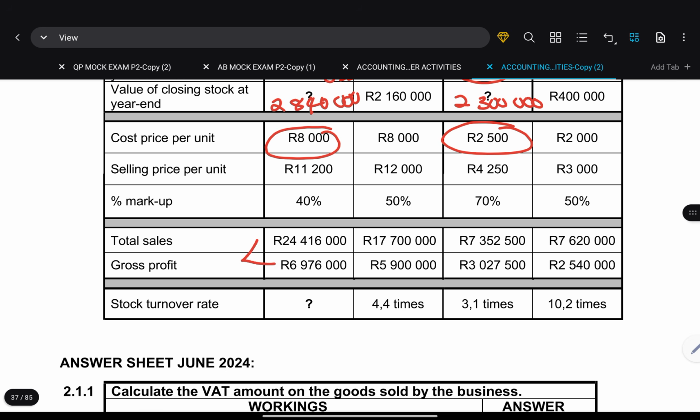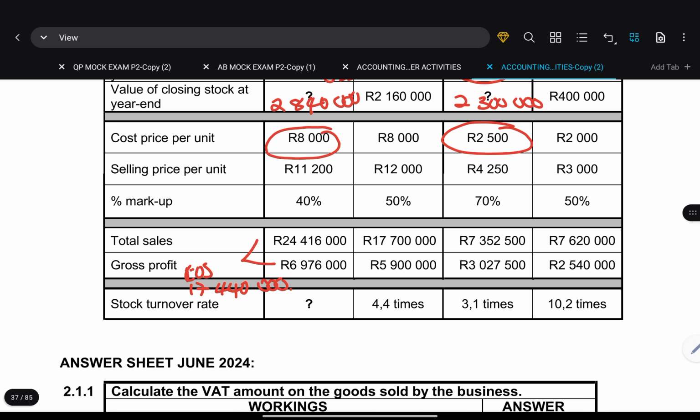So let's say 24,416,000 minus 6,976,000. It gives me 17,440,000. So your cost of sales is 17,440,000.